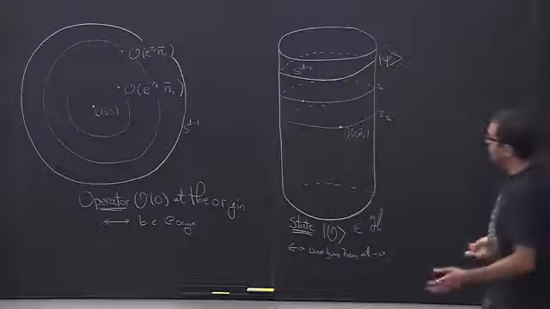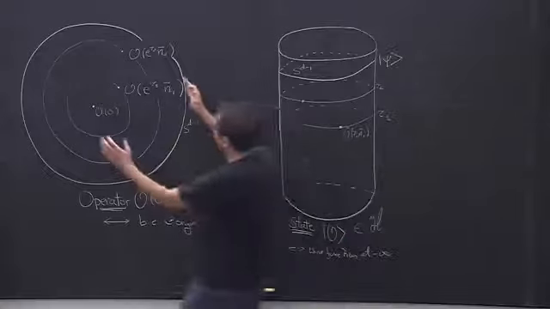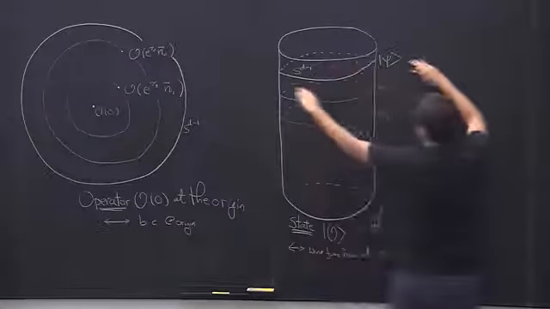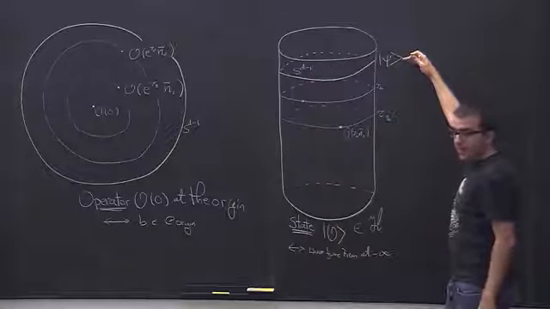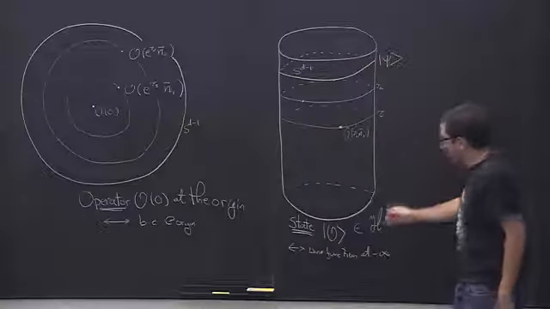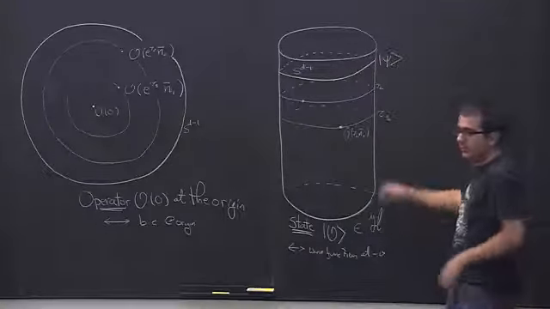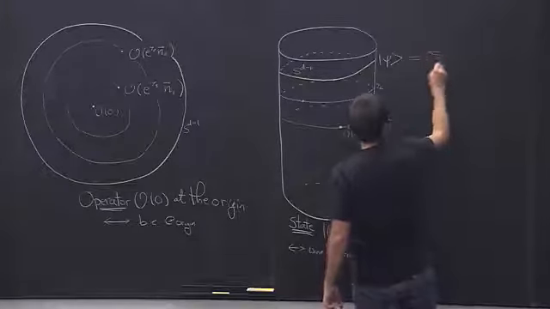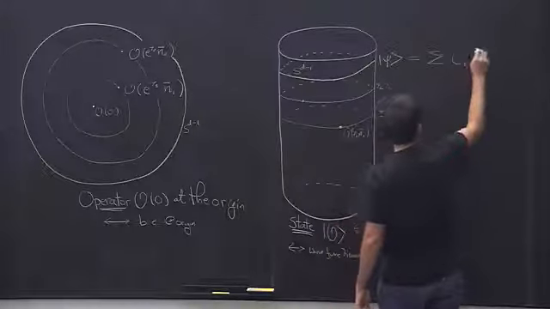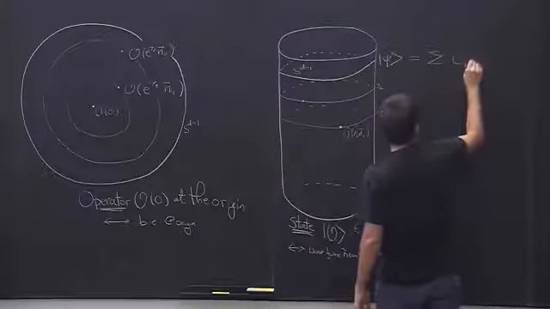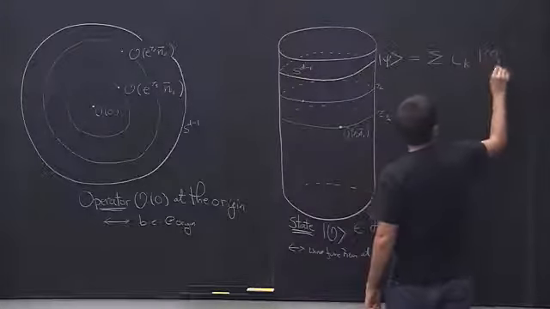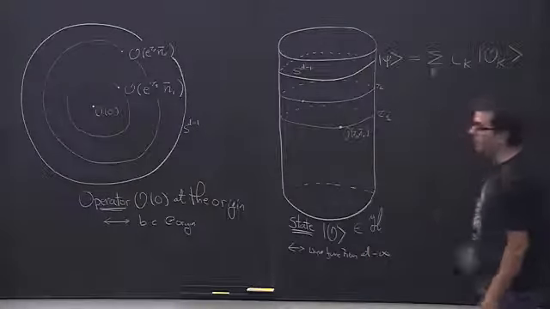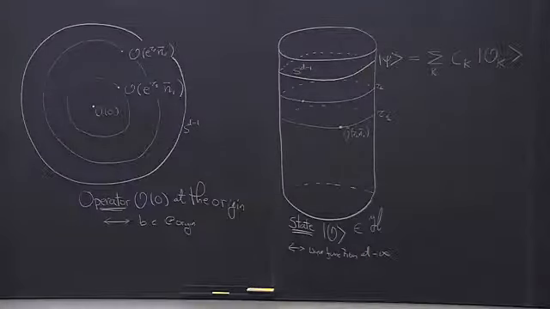Whatever we have, the functional that we get from doing our path integral in this sphere is given by some state here, psi. But this is some state in some Hilbert space. So if it's a state in a Hilbert space, I can of course decompose it as a sum of some coefficients C_k times some basis of states in my Hilbert space.